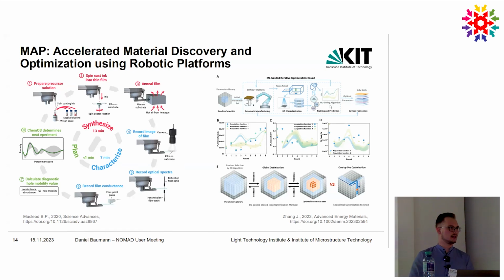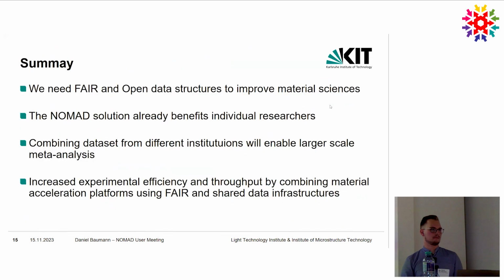Okay, this was mainly what I wanted to present to you. So in summary, we need FAIR and open data structures to improve our material science field, to be able to reproduce and build on the work others have already achieved.